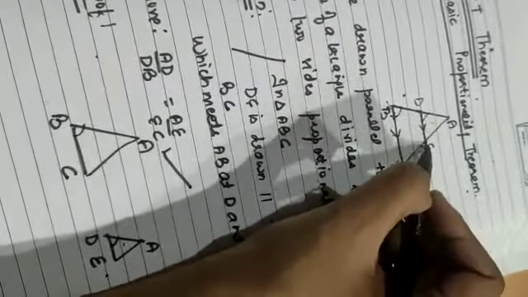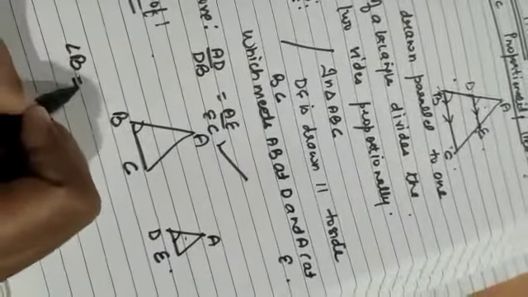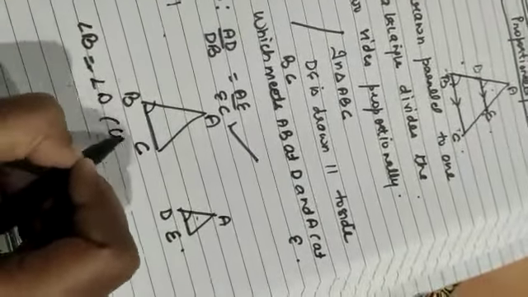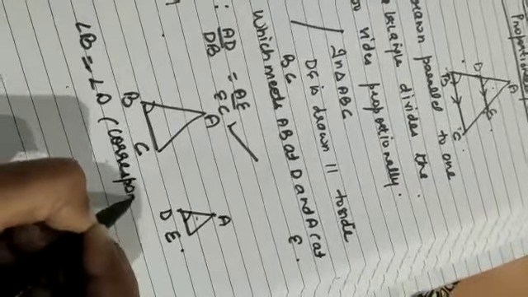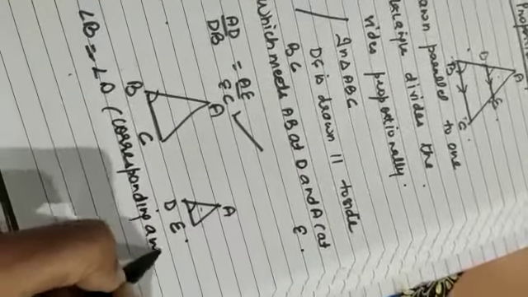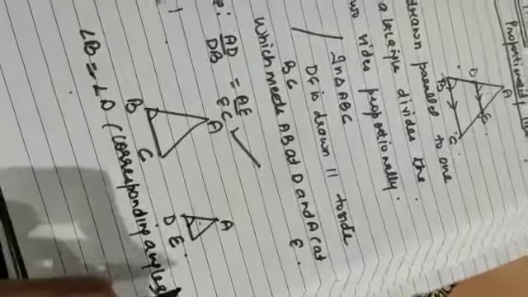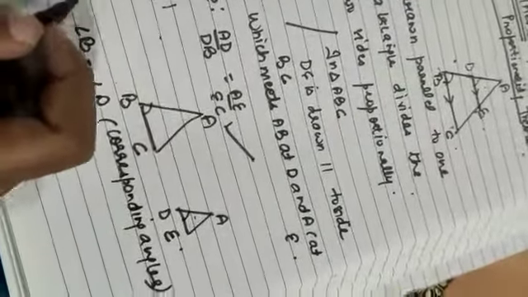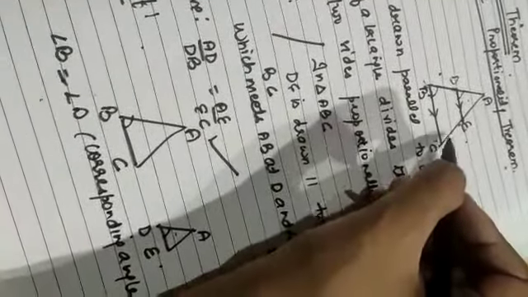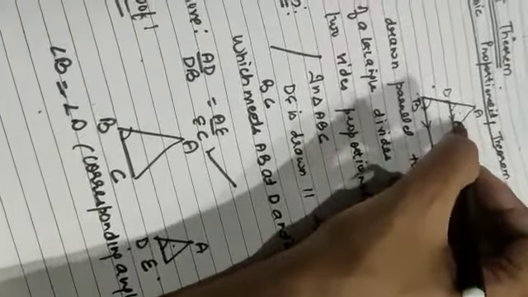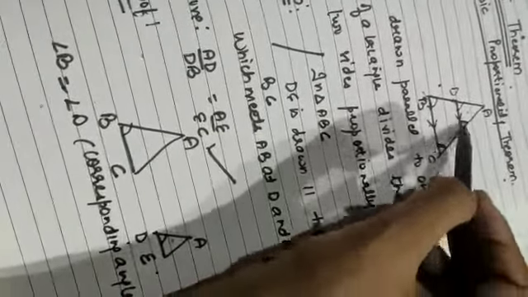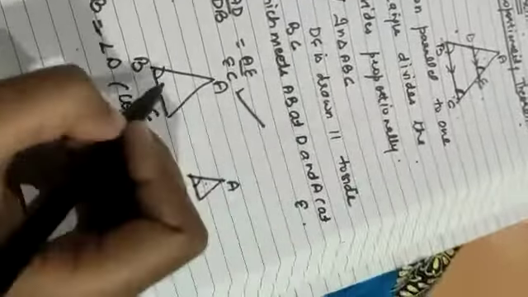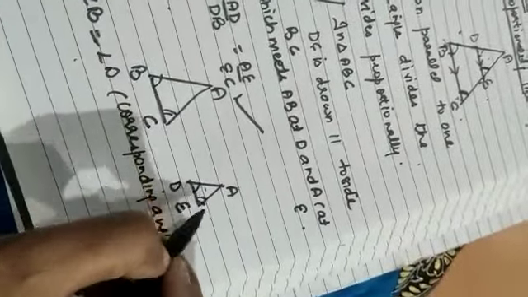These two are parallel lines, so the corresponding angles are equal. So angle B equals angle D, corresponding angles. Angle C equals angle E. Same again, corresponding angles.